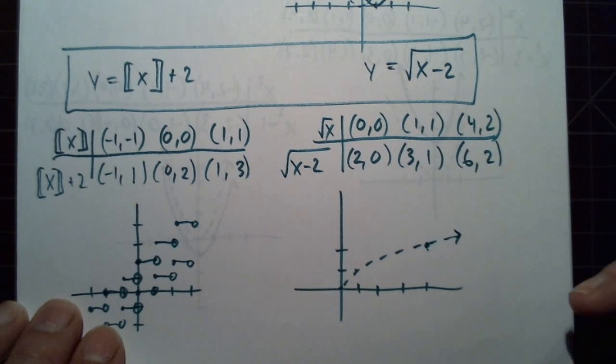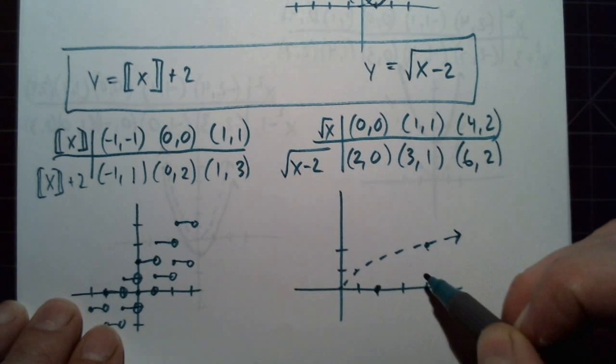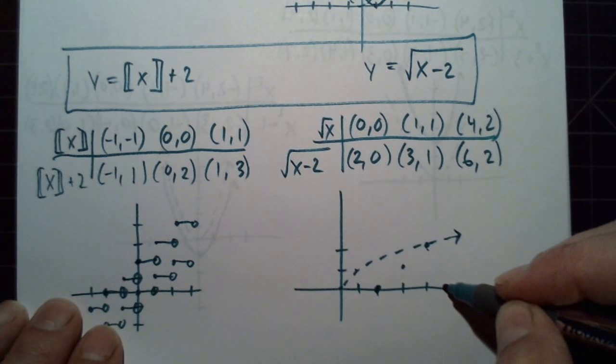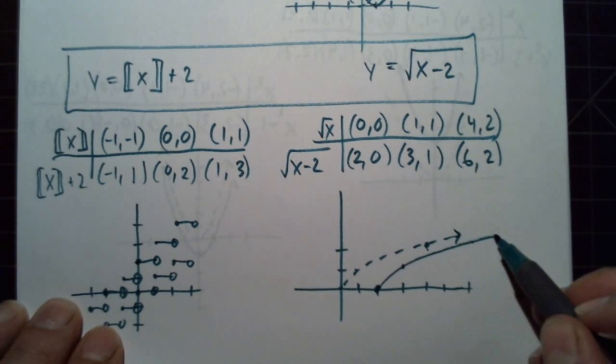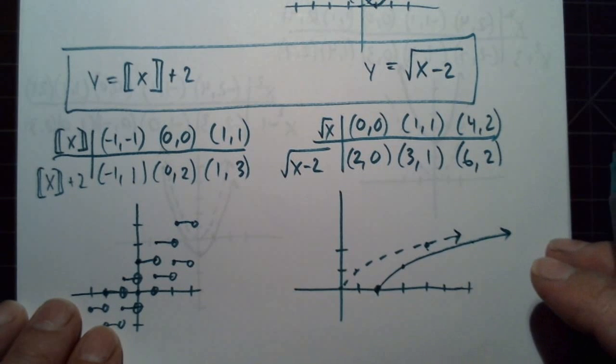Parent function, and then we're going to go 2, 0, 3, 1, 1, 2, 3, and go out there. So we have a horizontal translation.